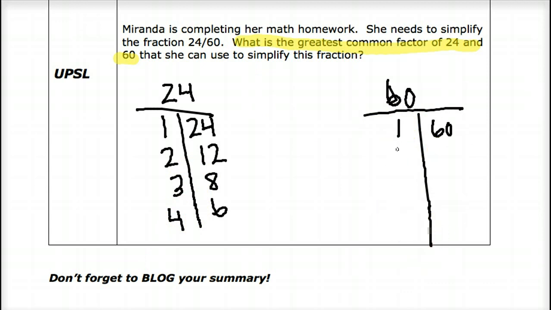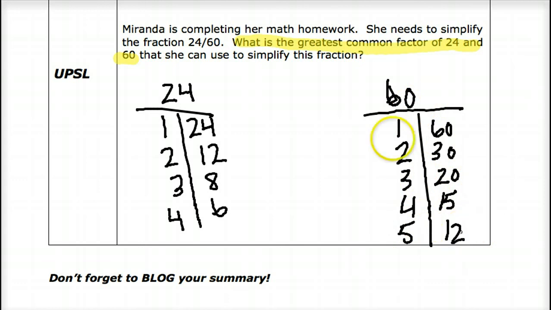We have 2 times 30 is 60. We have 3 times 20 is 60. We have 4 times 15 is 60. 5 times 12 is 60. And 6 times 10 is 60.